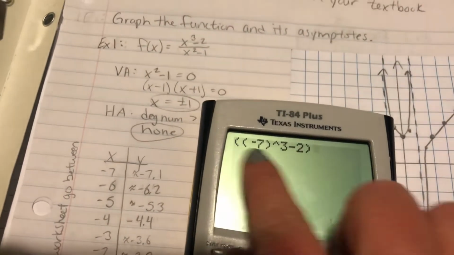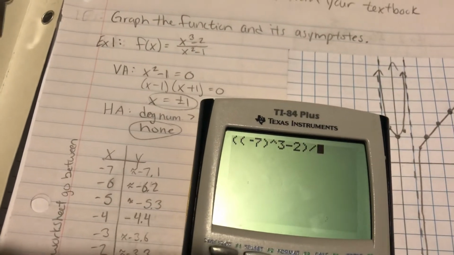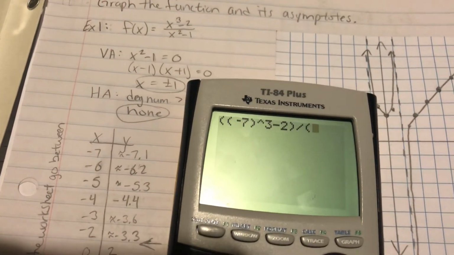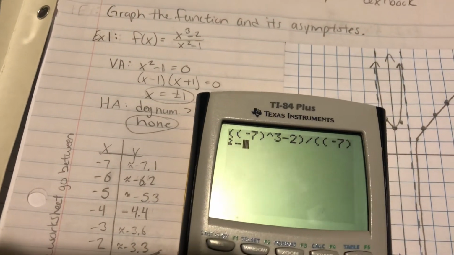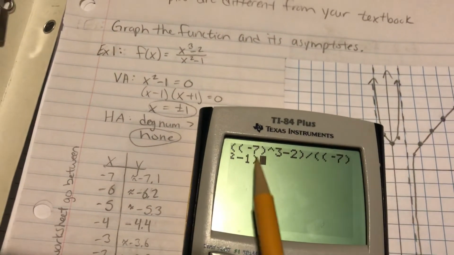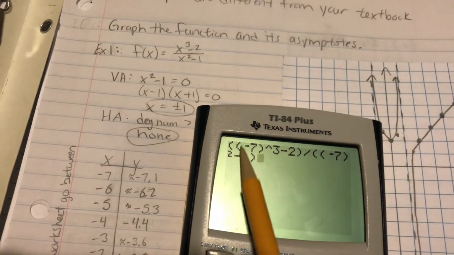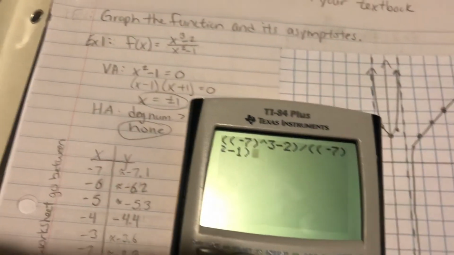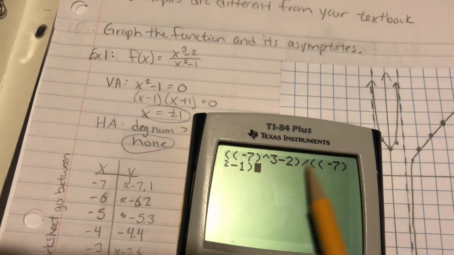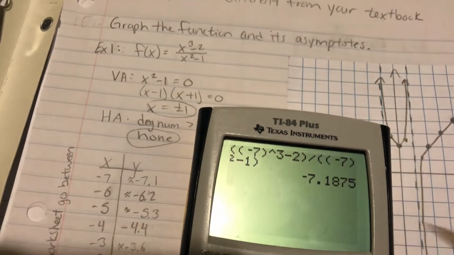So that entire expression is just the numerator. Divided by, open your parentheses, -7 squared minus 1, close your parentheses. So I kept my -7s in parentheses because I always want to put negatives in parentheses, especially when I'm dealing with exponents. And then I put my numerator and my denominator in parentheses, and there's my value.